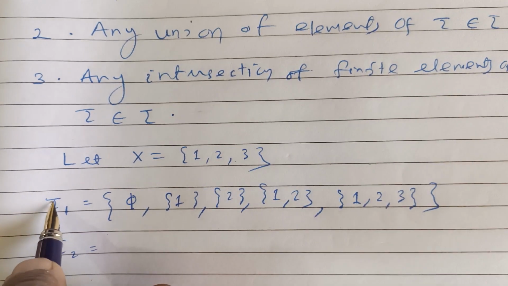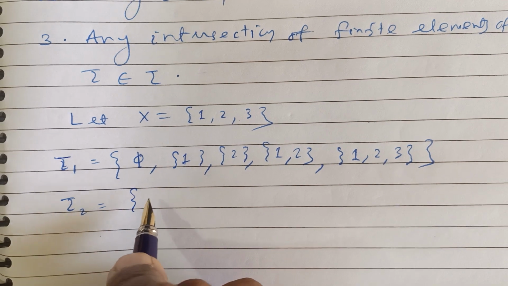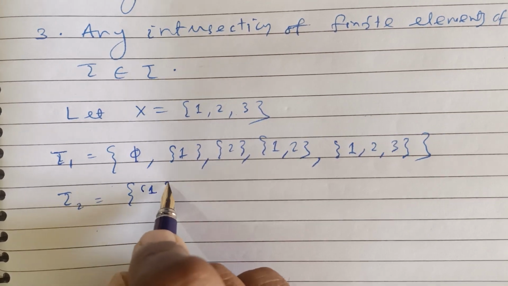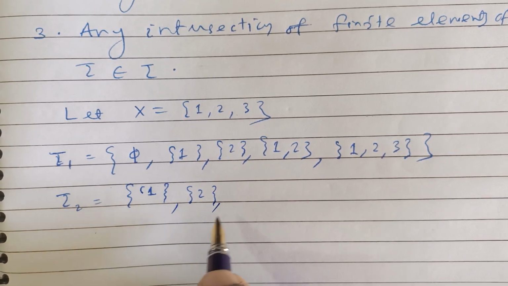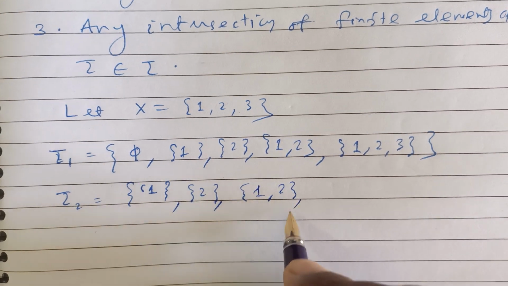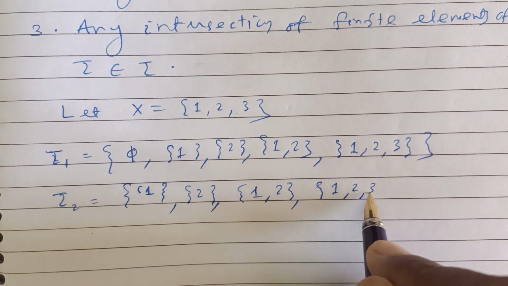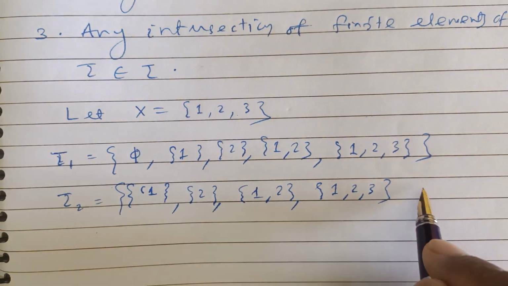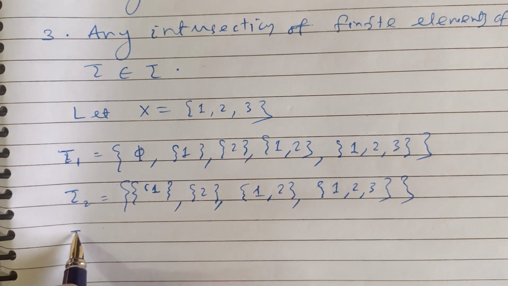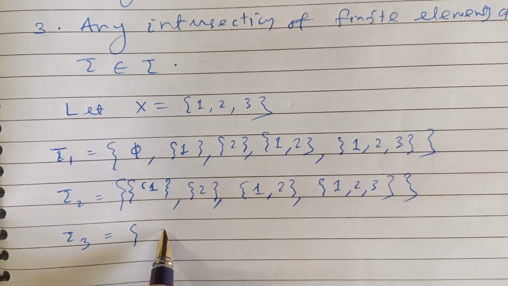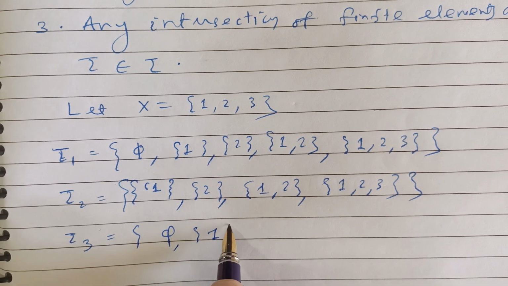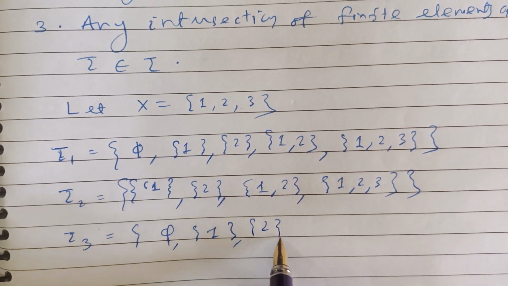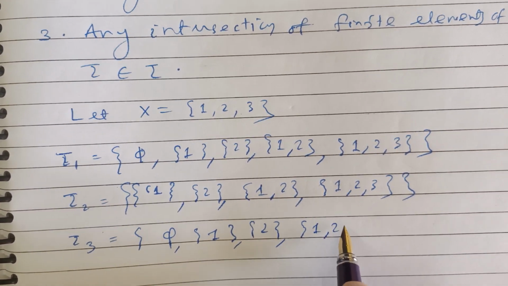Tau 2 is {{1}, {2}, {1,2}, {1,2,3}}. This is the second collection. Tau 3 is {phi, {1}, {2}, {1,2}}.